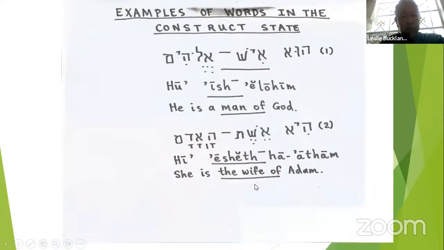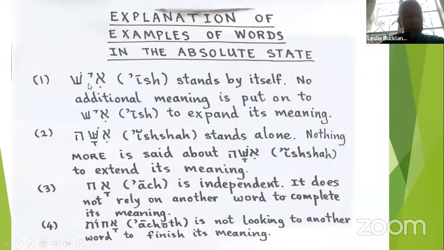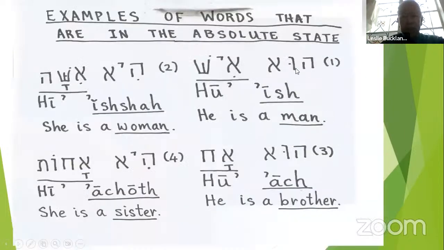So going back to these examples, ish has become construct. When it was by itself, like over here, when it was simply hu ish, he is a man, and there were no further words added to explain what kind of man he is, then this noun was in its absolute state.